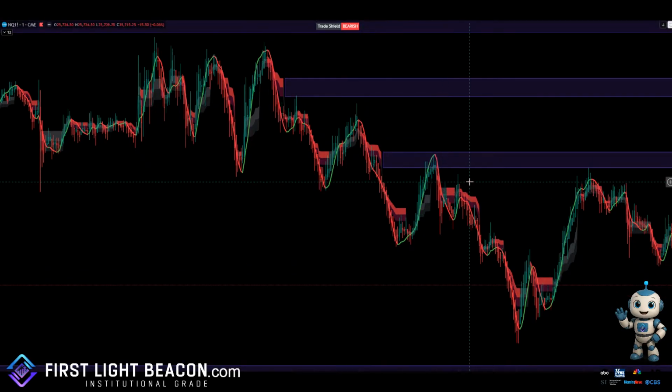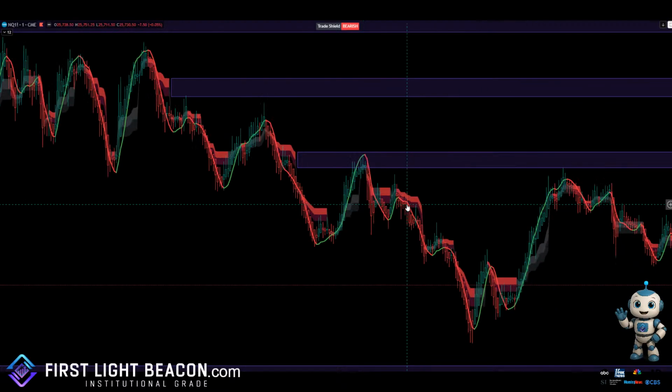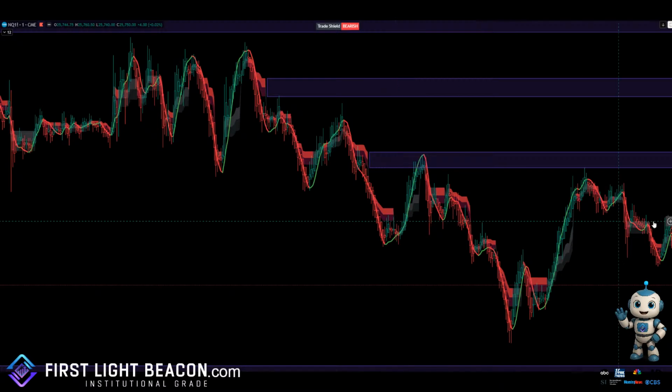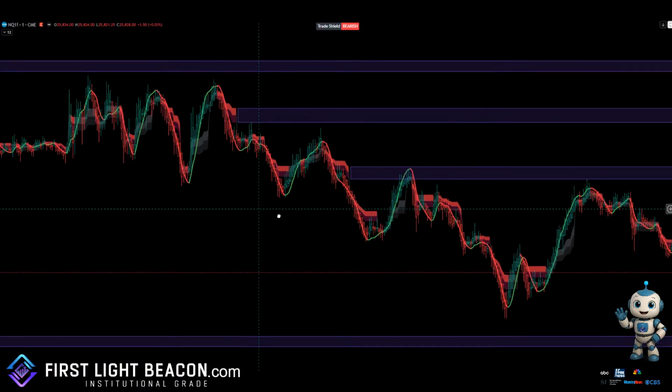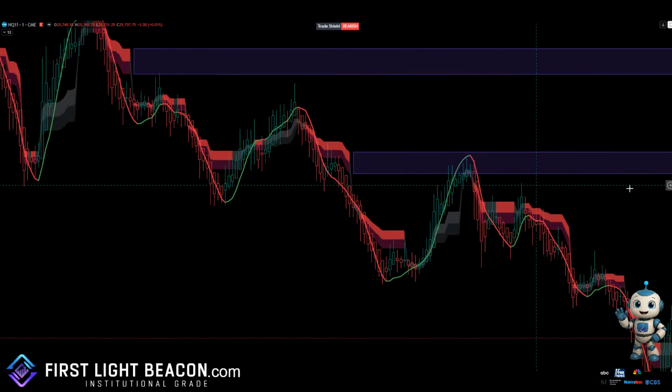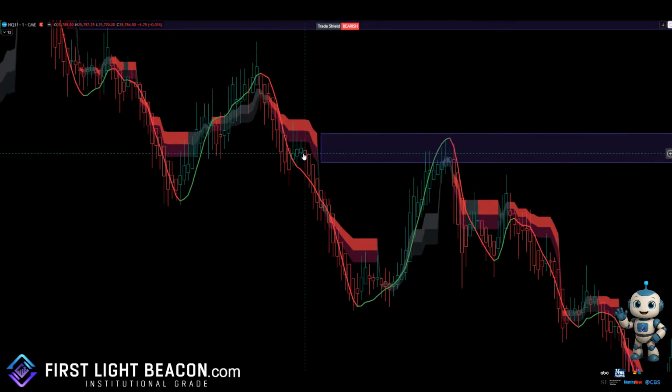Does that make sense? As far as the pullback and retest, break and retest and stuff like that, those are always valid entries, and those are really easy for most people to spot, right?